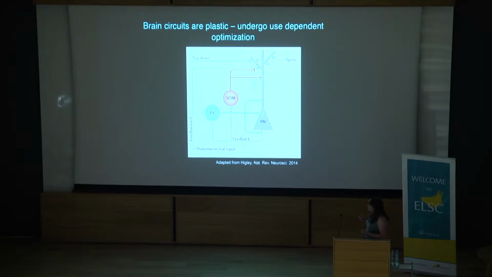So let's say you have this stable circuit in the cortex, and then you just remove this one synapse that's receiving top-down information, and the branch of a nearby axon will now innervate another synapse at a very close location.